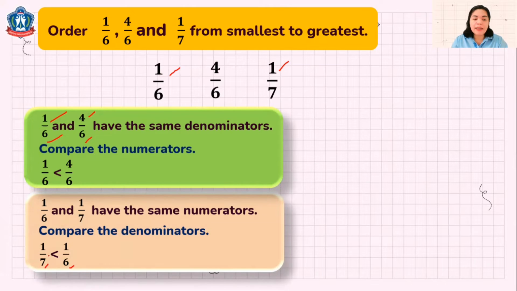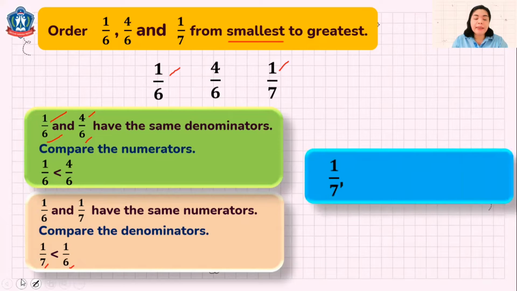Therefore, 1/7 is less than 1/6 because we divide the whole into 7, so that each part becomes smaller. So we can conclude now which one is the smallest fraction, and that is the 1/7. 1/7 is the smallest, followed by 1/6 in the middle, and the greatest or the biggest fraction is 4/6.